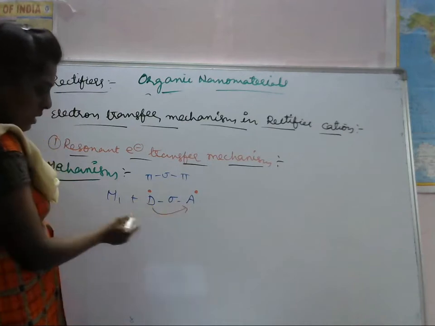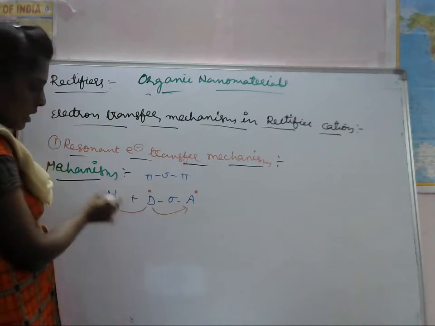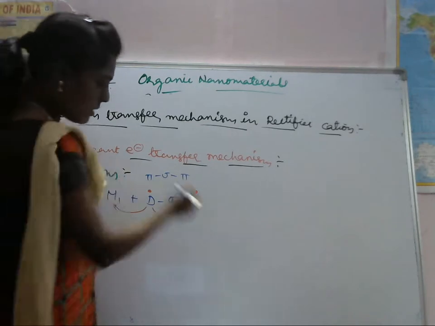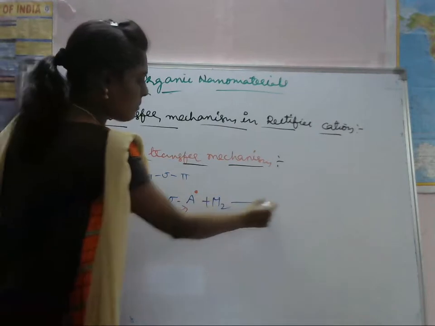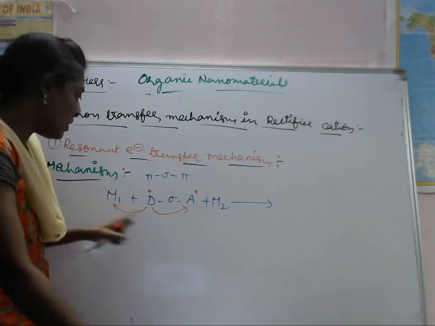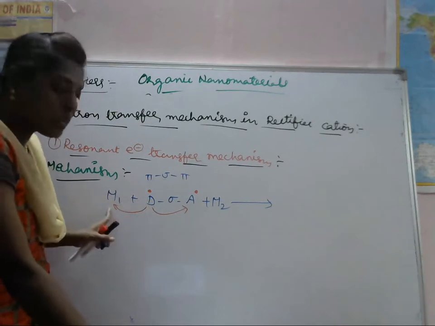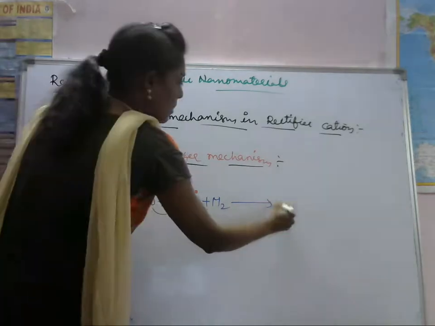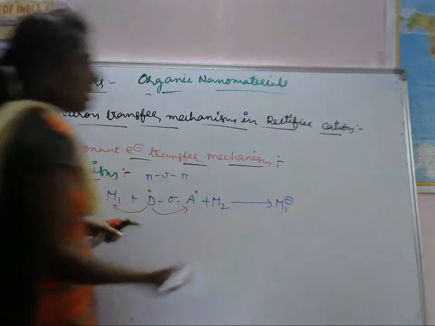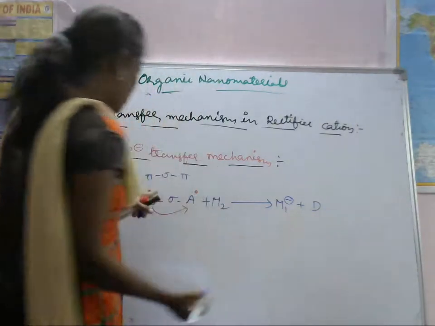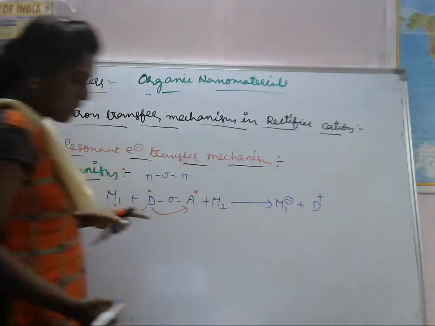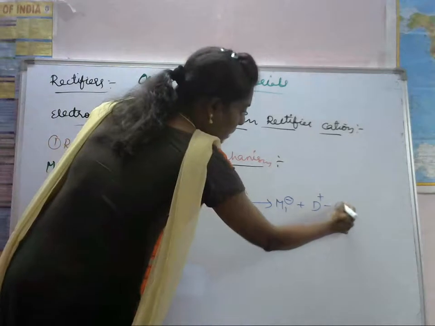It will give these electrons, and M2 will be there. One electron is donated, so this becomes M1 minus, because it gives the electron. At that time this D becomes positively charged because it lost the electron, so it becomes D plus, and sigma is there.